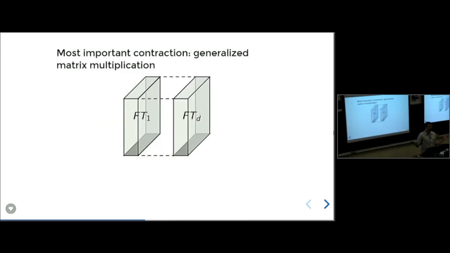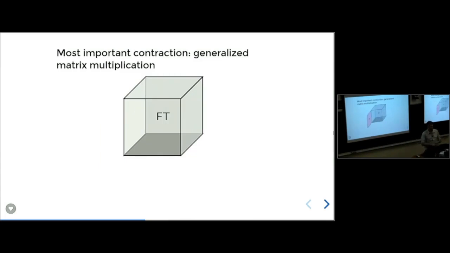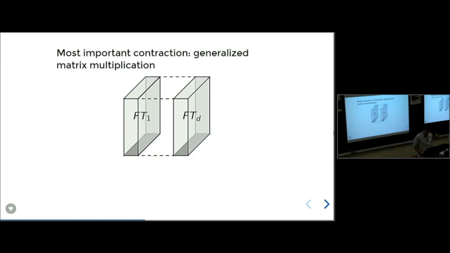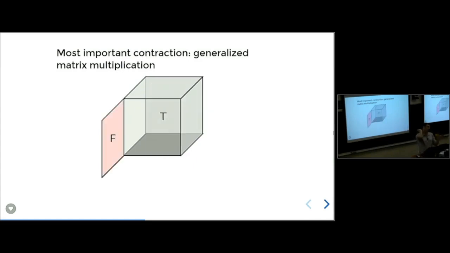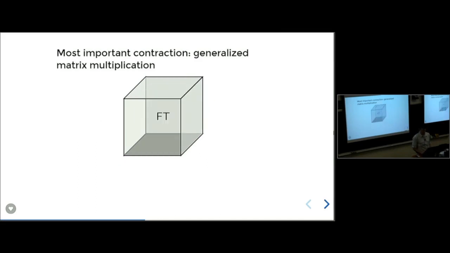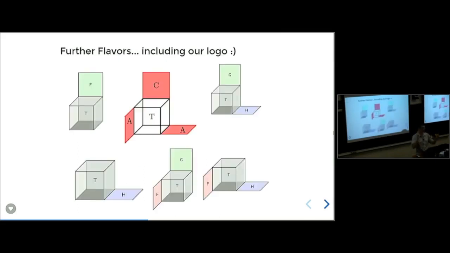And there are very nice, lovely formulas that are purely mathematics. You don't have to see a picture at all that show that all this stuff is well defined, but they all fit under the same category of slam some numbers into your grid and add them up in some axis. And there's lots of flavors, including our logo. You can do it rows, columns, all 3, 2 of them.